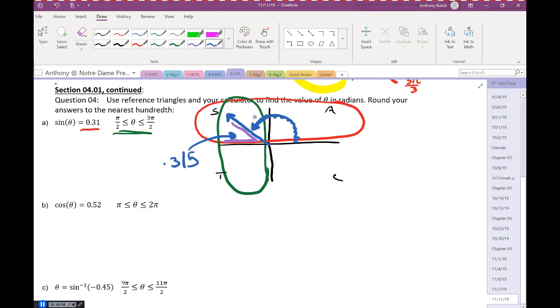If the shortest distance to the x-axis is forward, you see how that's the case here, where the shortest distance to the x-axis would be going forward, I'm going to subtract. If the shortest distance to the x-axis is backwards, we're going to add. I would say sometimes that, and I'll show you an example of why in just a moment.